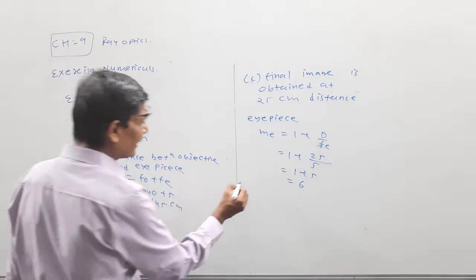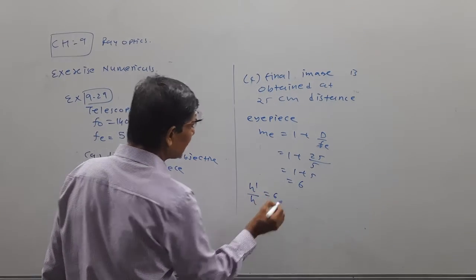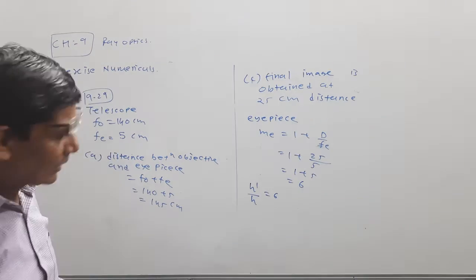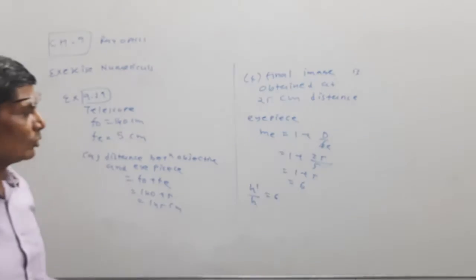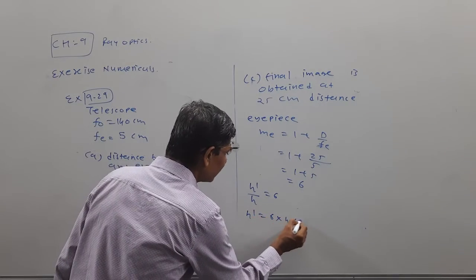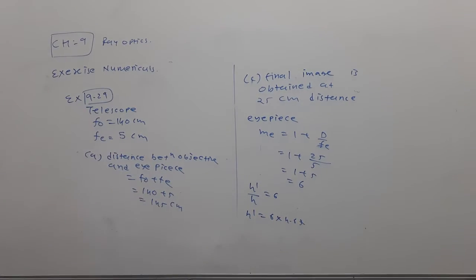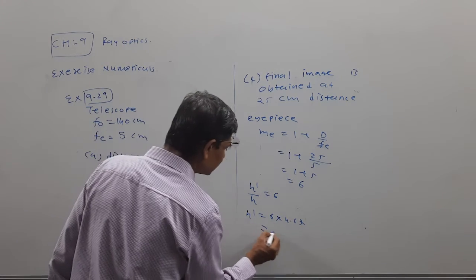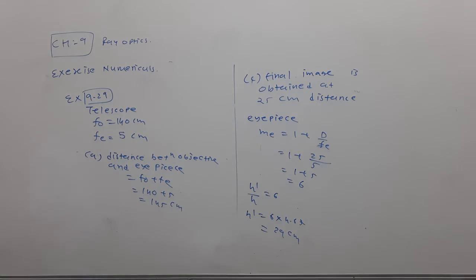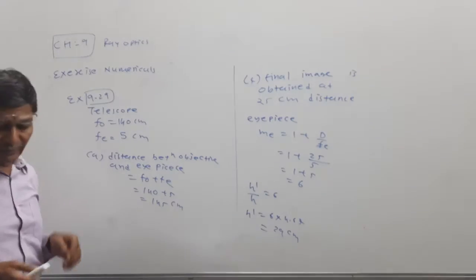Now this is nothing but H dash by H, that is the height of the image to the height of the object. H we have obtained is 4.67 centimeter just now, so that turns out to be 29 centimeter. So this is how we can solve. Now this is about exercise number 9.29.